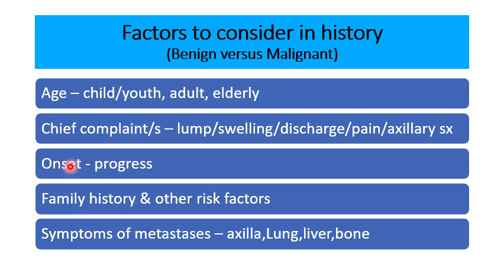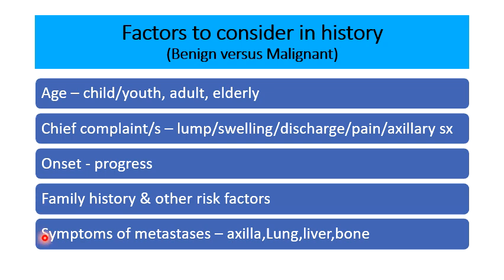Next will be the onset and progress of this lump. How small it was, how fast it increases in size, is there a sudden increase in size, and whether it is painful or otherwise. Next is your family history and other risk factors. Family history is one of the most important factors to consider in a patient with breast cancer.